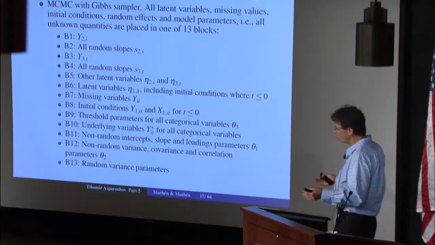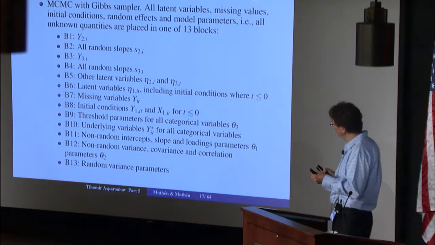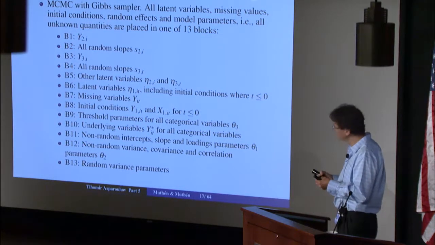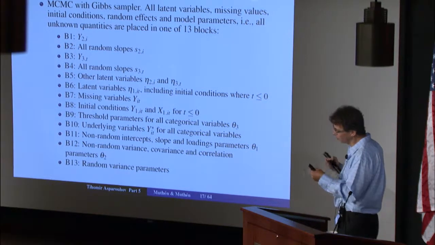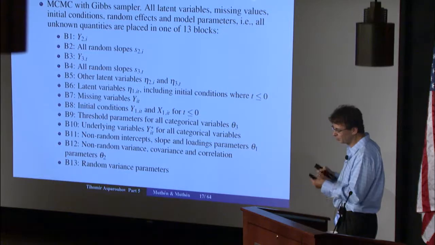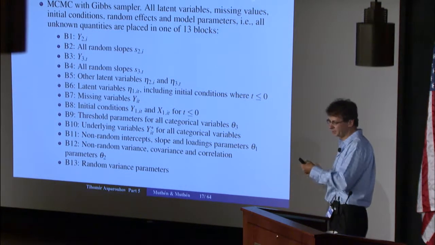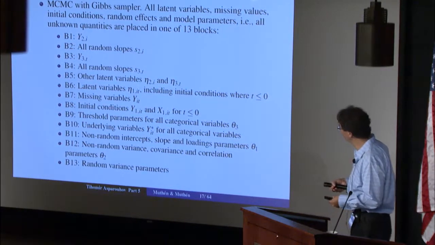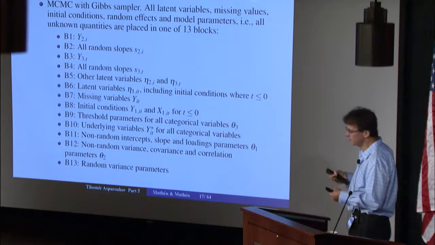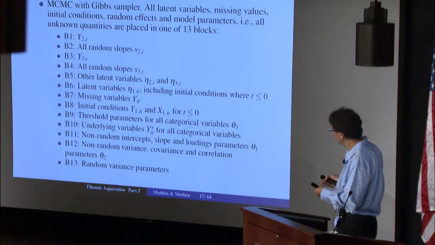We want these blocks to be as large as possible to provide good mixing. If there are quantities in the model that are highly correlated, those have to be grouped in the same blocks. Otherwise, we'll create slow mixing that would make the convergence of the sequence very slow.